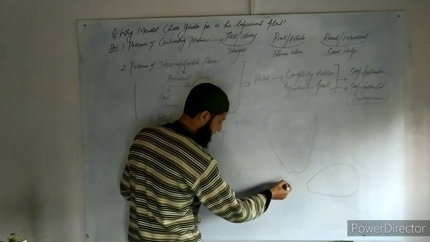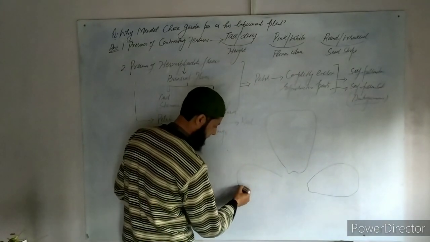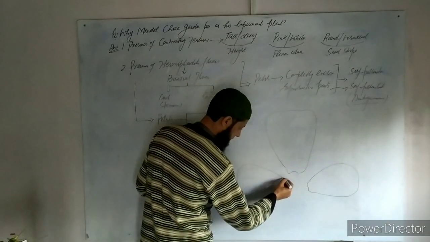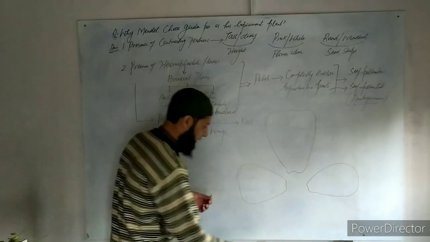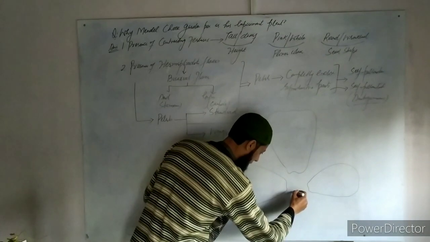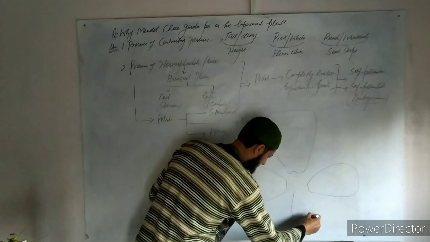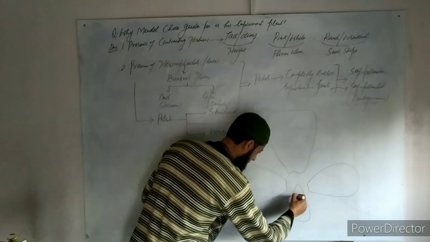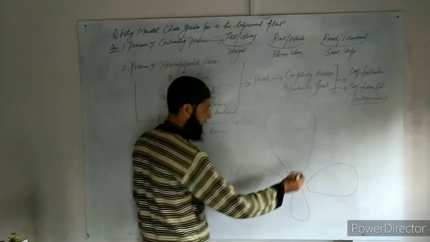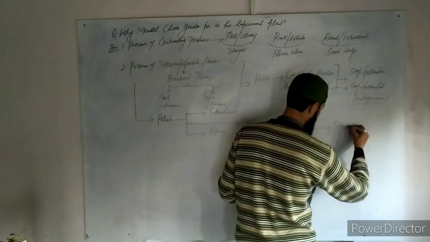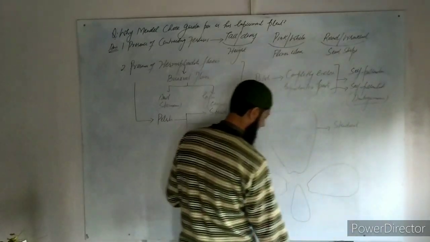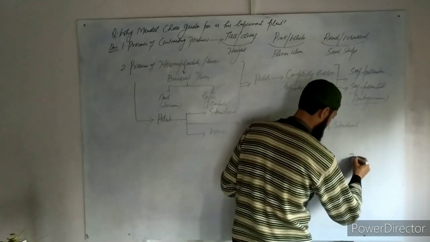These are two wings, and at the center you have a tube-like structure called the keel. This one is the standard, and these two are wings.